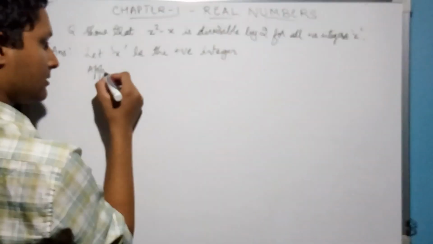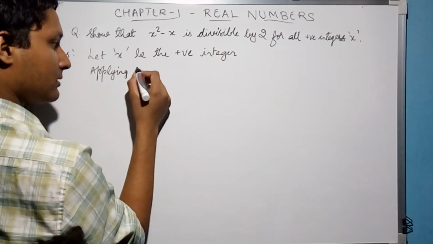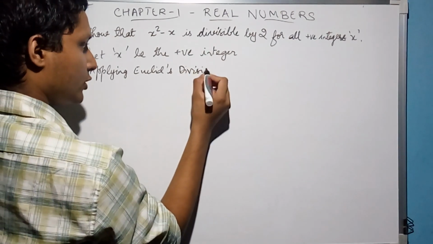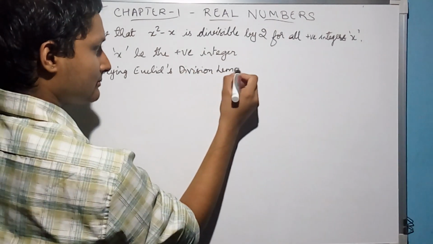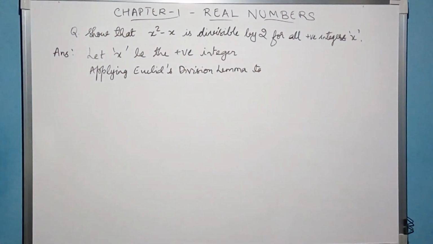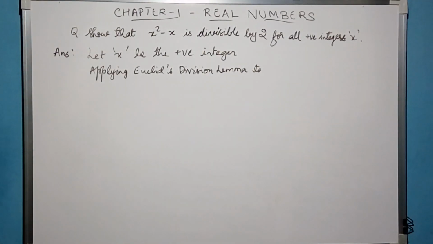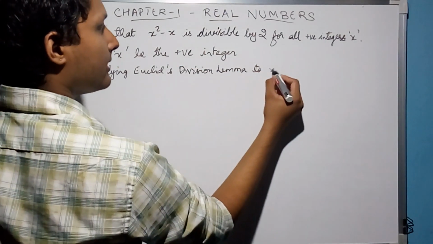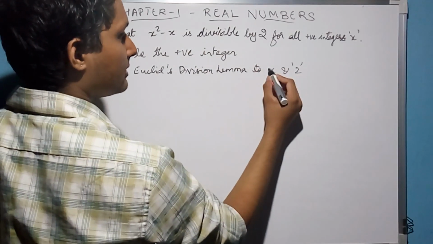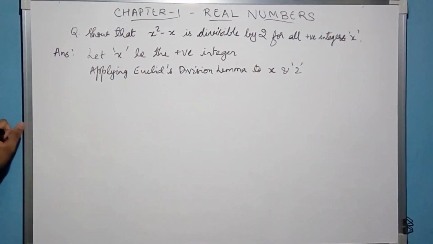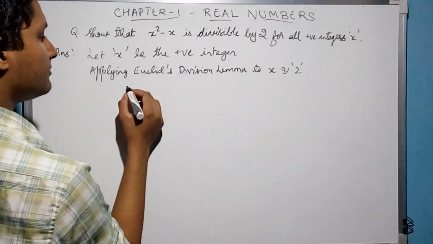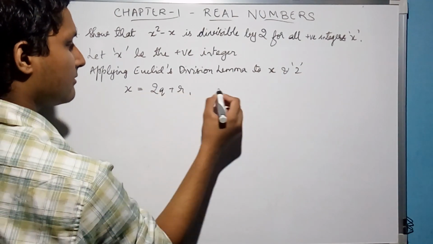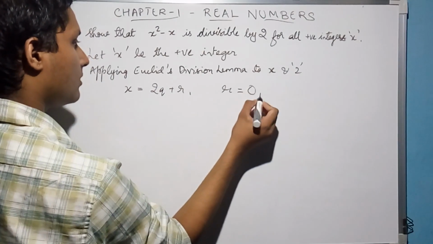Applying Euclid's division lemma to x and 2, we are going to have 2 here so that I get only 2 cases. From this you can find that x is equal to 2q plus r, where r is 0 or 1.